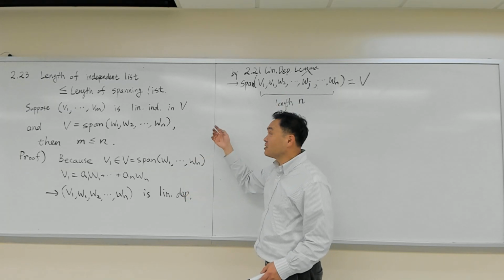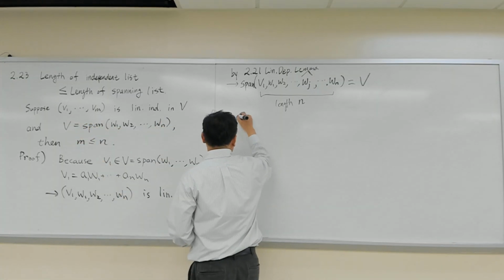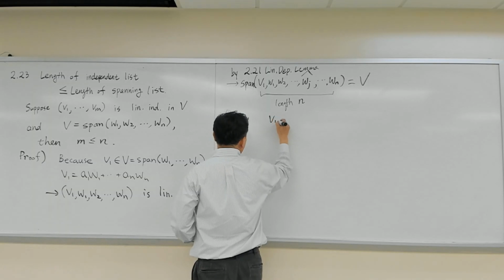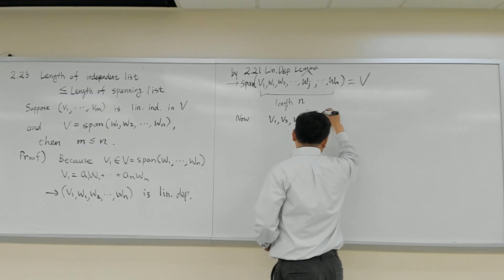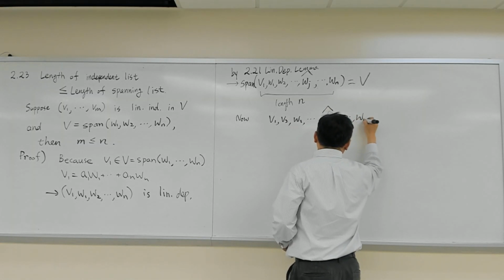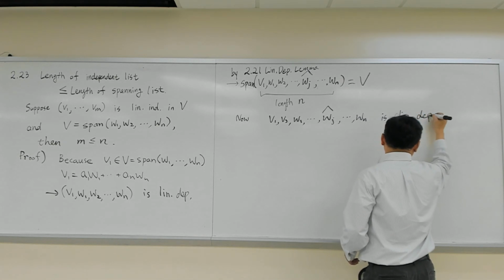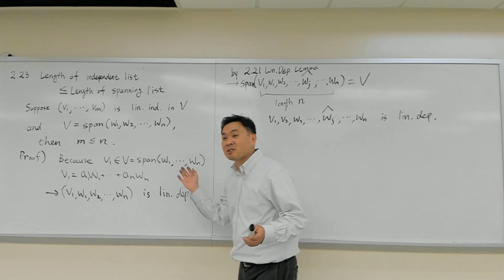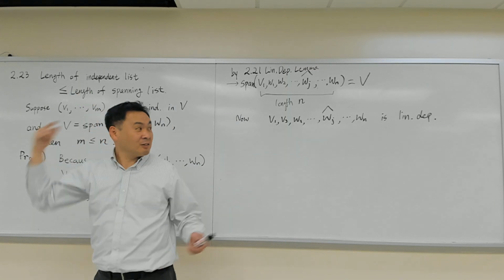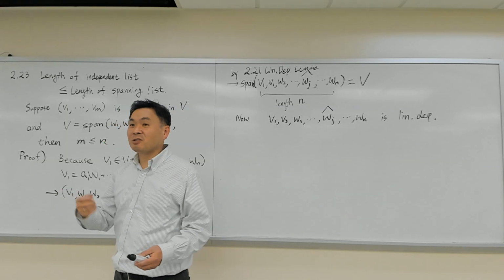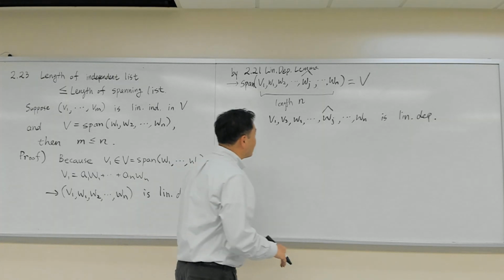Take something out, but this time you add V2. So now V1, V2, W1 through Wn with Wj taken out is linearly dependent again, for the same reason. Every time you take something in, n plus 1 is the length, and you take something out by applying the linear dependence lemma.